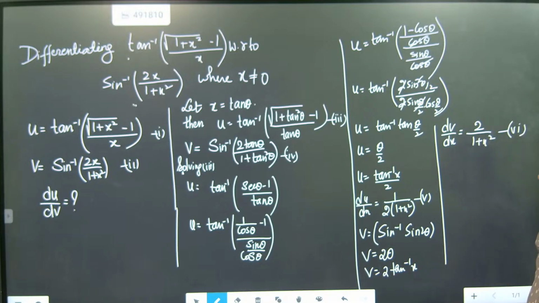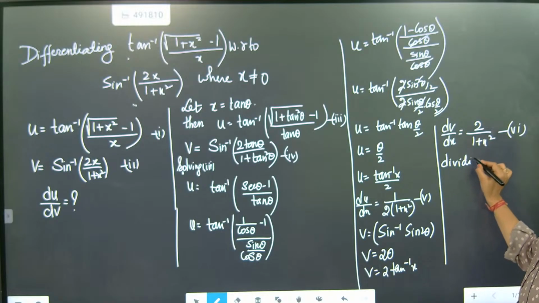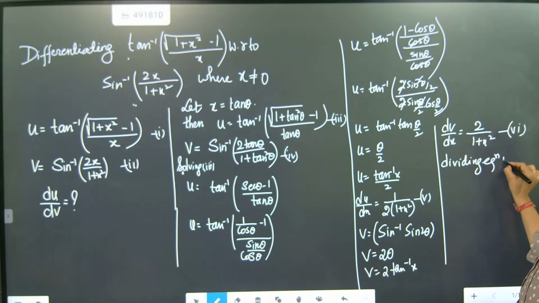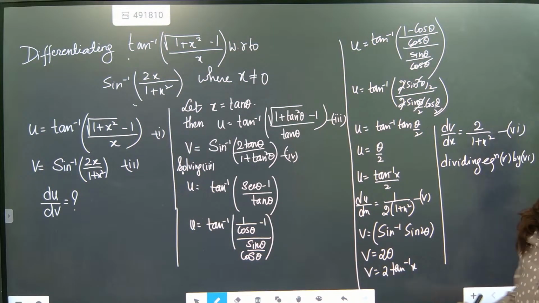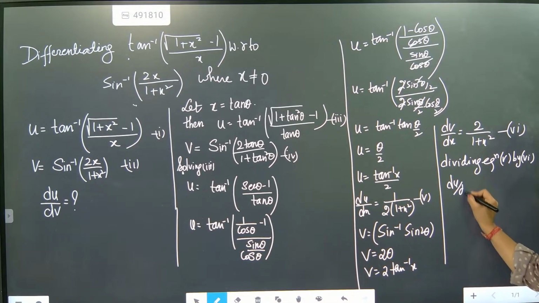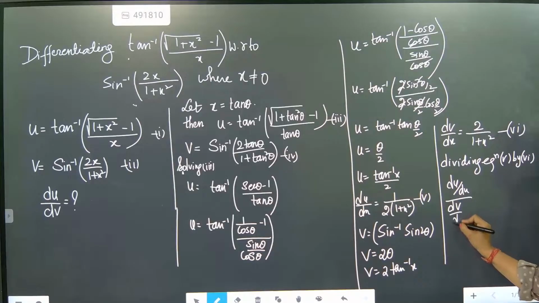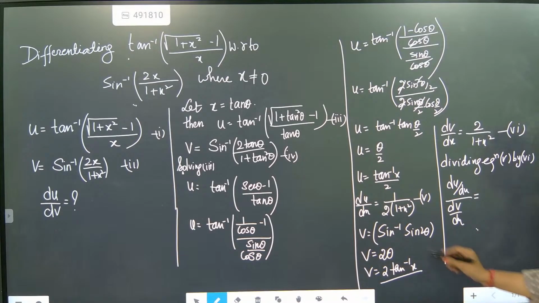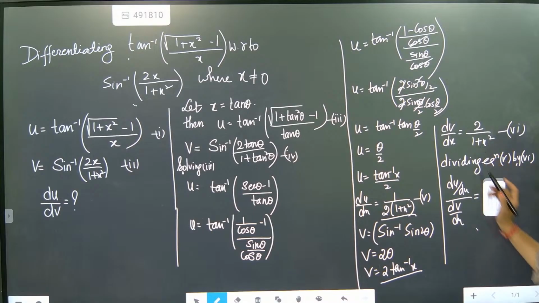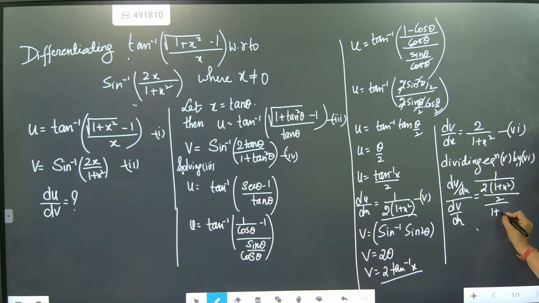Because they told us du by dv, dividing equation 5 by 6, what will it become? (du by dx) by (dv by dx) is equal to (1 by 2 root under 1 plus x square) by (2 by 1 plus x square).